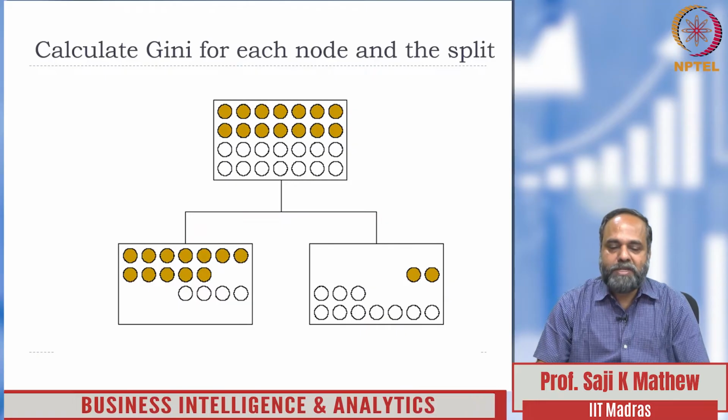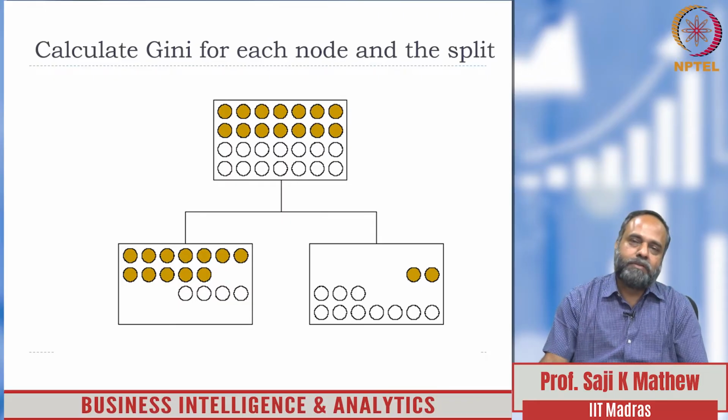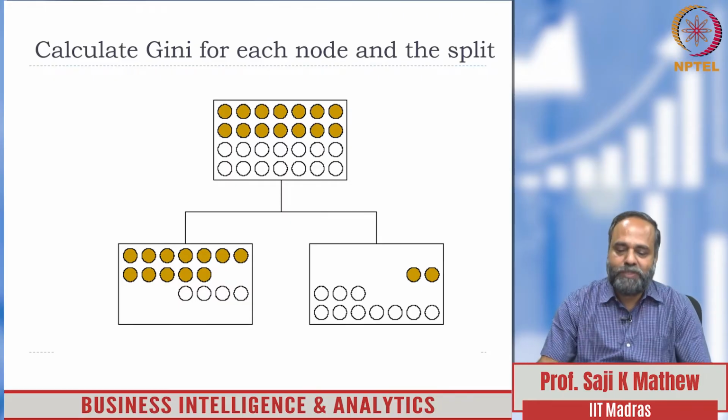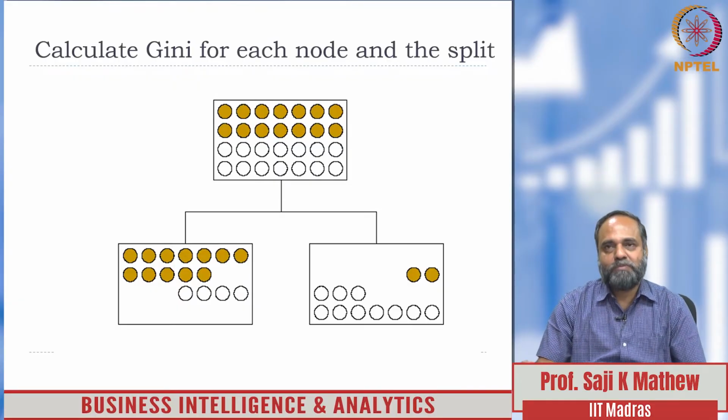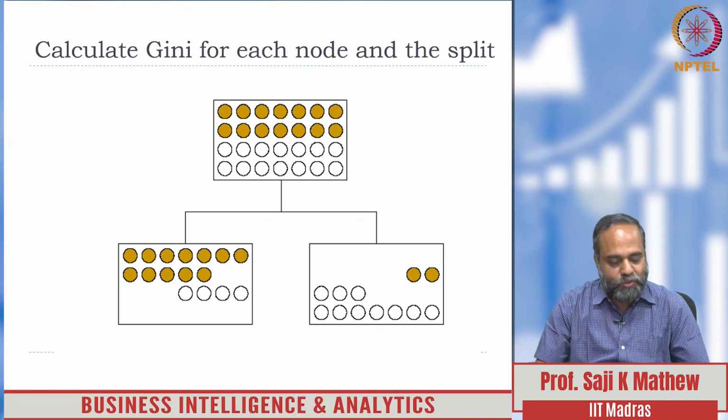Now let me take an example to illustrate the concept of the purity measurement which we just discussed, and probably that will help you understand and really imagine what goes on when a decision tree algorithm is inducing certain rules to create a classifier.